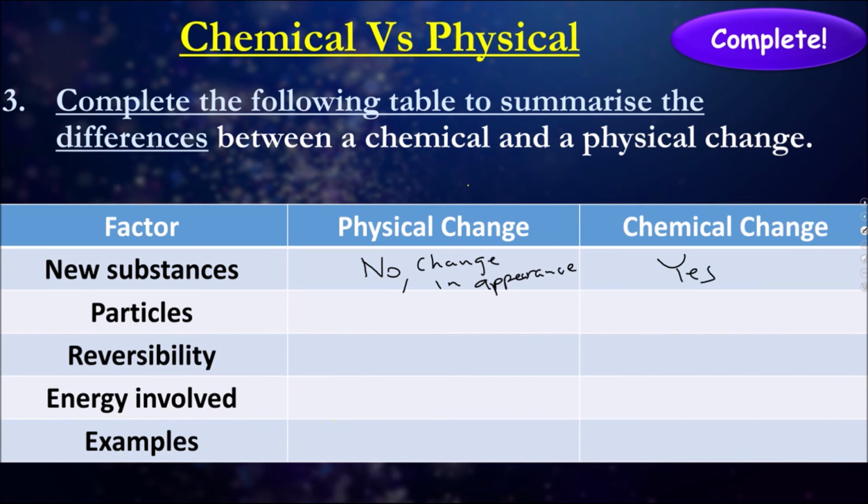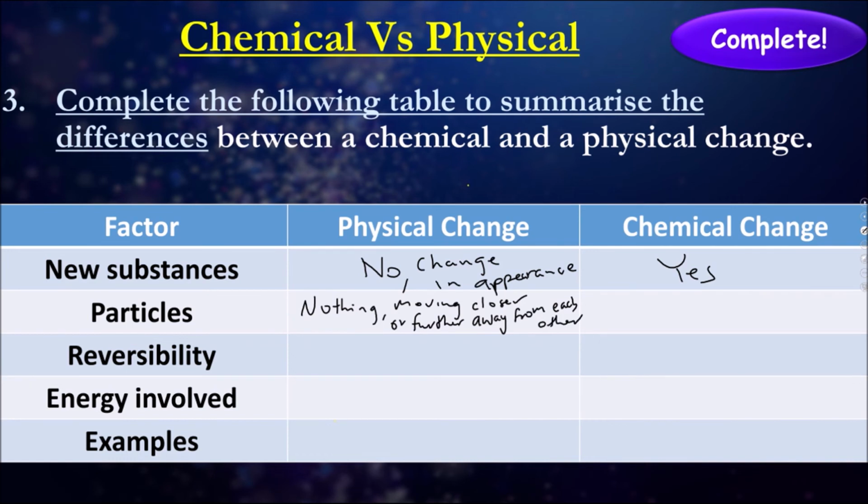Particles, what's happening to the particles in a physical change? Nothing, all right? In a physical change, at most, they might be moving closer or further away from each other. So that's just a physical change.